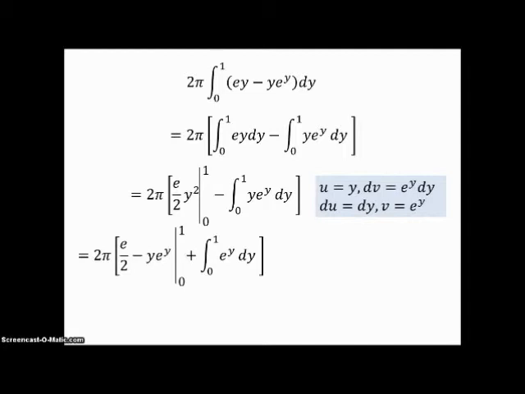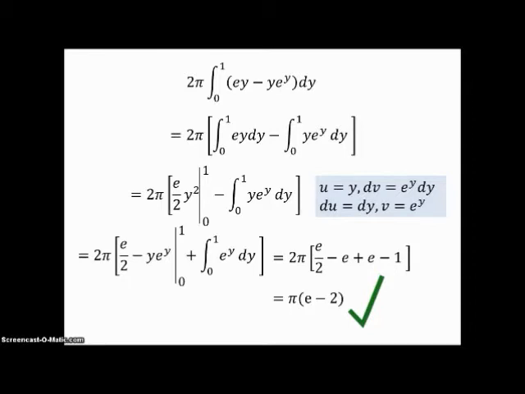Okay, so if we evaluate y e to the y from 0 to 1, we get e, and then we evaluate the antiderivative of e to the y from 0 to 1, and we get e minus 1 for that, and so the e's cancel, and then if we distribute the 2, we get e minus 2 and then the pi on the outside. So that's our exact answer, integrating by hand.